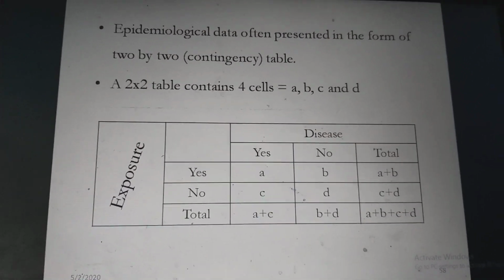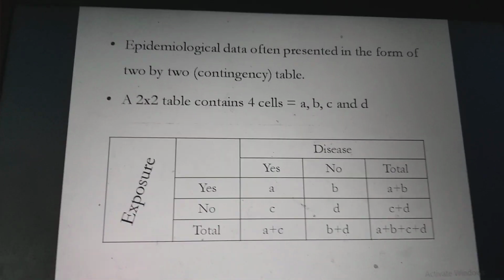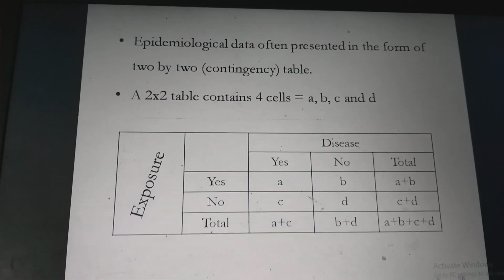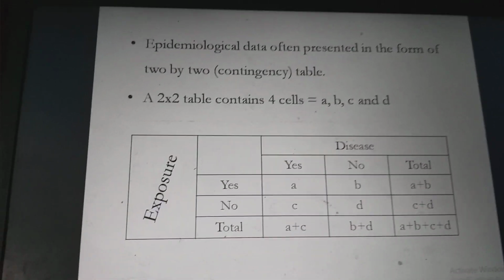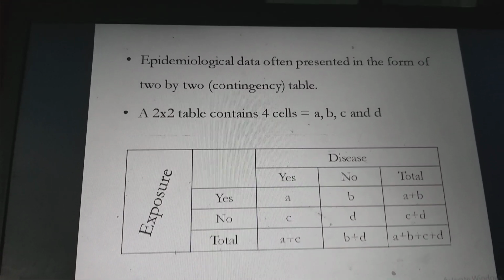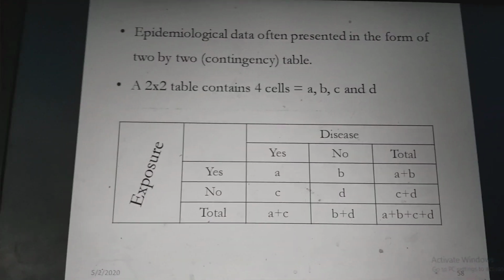A and B are those who are exposed, and C and D are those who are not exposed. The other group is the outcome or the disease, yes and no. The yes column, A and C, are those who develop a disease, and the no column are those who do not develop a disease.